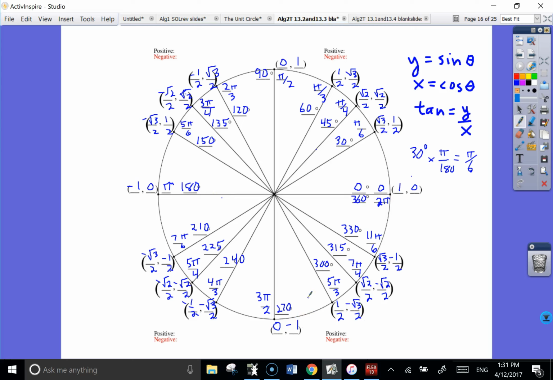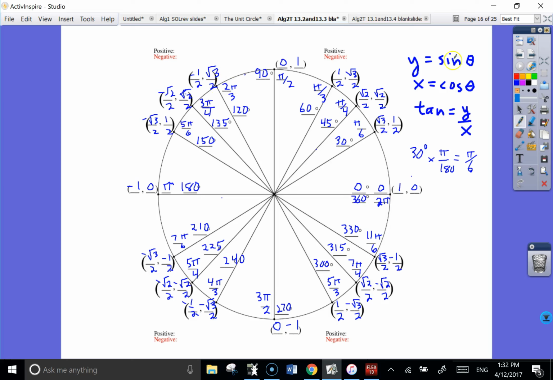Now, these numbers all came from what we did in the last lesson using the special right triangles. We know what the sines and cosines are of all of those. So at this point, using the unit circle, we ought to be able to say, for example, what is the sine of 2 pi over 3? Then you would go to 2 pi over 3, which is right here.